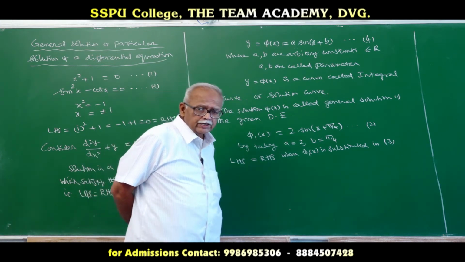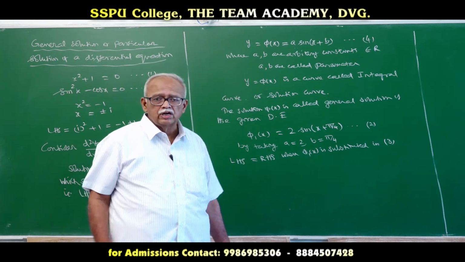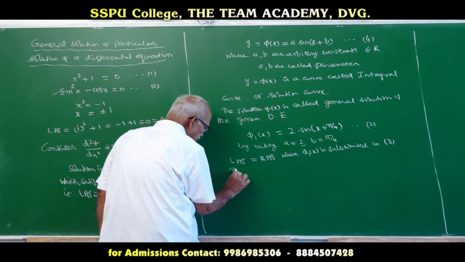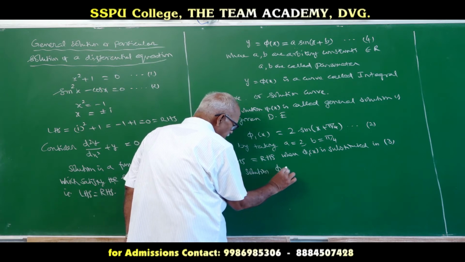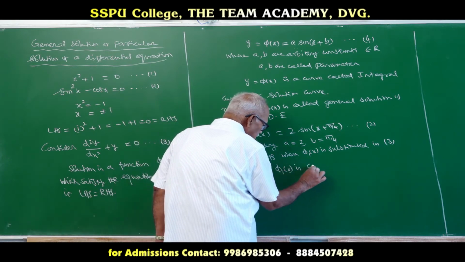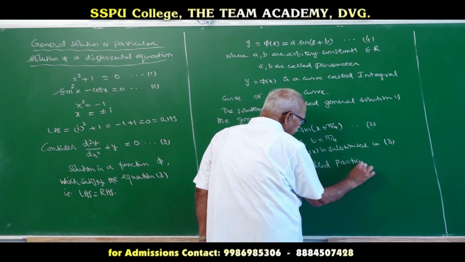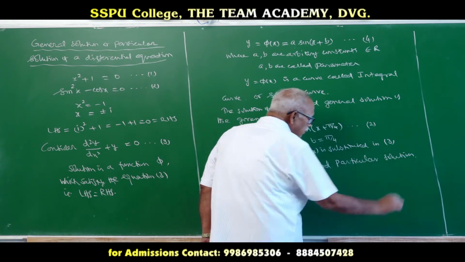So a particular value for each parameter is given. So this solution, phi 1 of x, is called a particular solution.